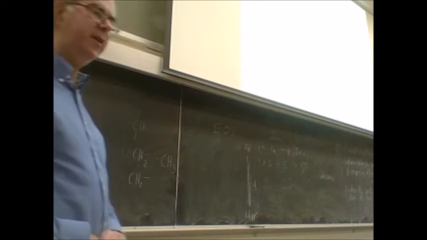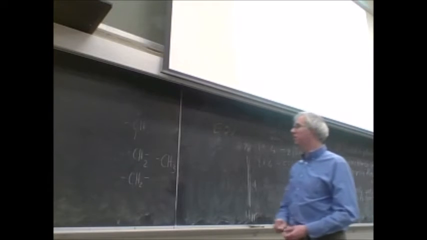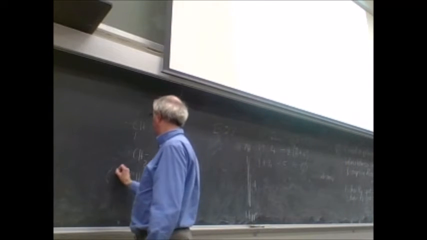Now, if you look in the table, the table actually says for CH2Cl, 3.6 to 3.8. That fits perfectly with that CH2. So we know one of our CH2s is next to a Cl.